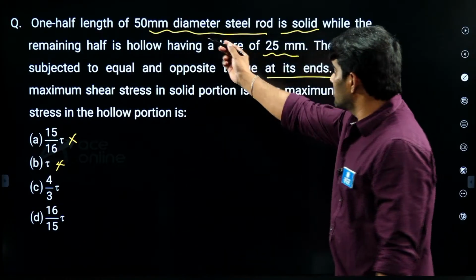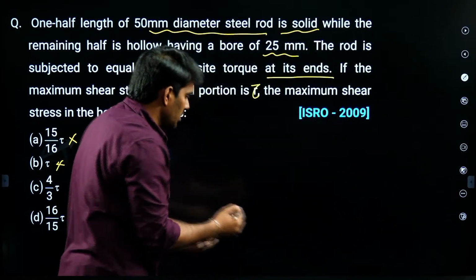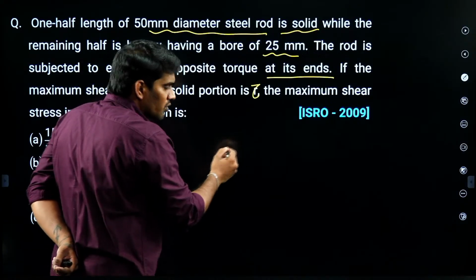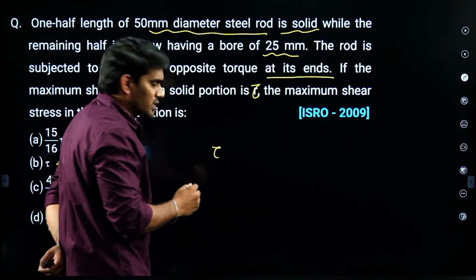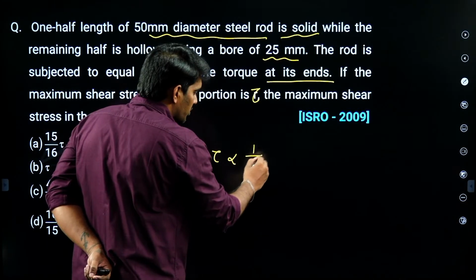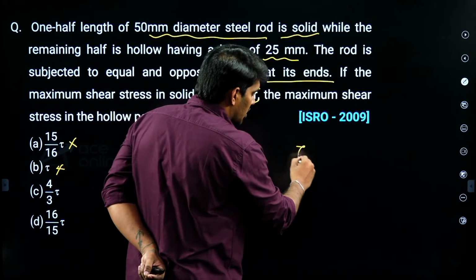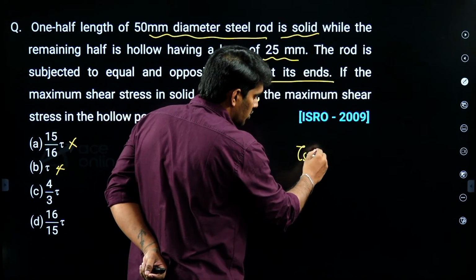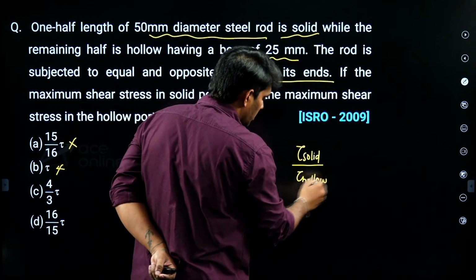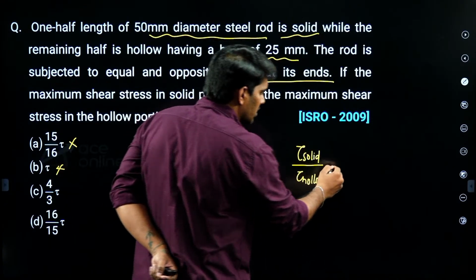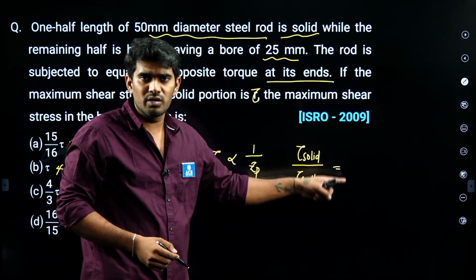If you observe the data carefully, we know that tau is inversely proportional to section modulus. Now, if I consider the hollow to solid ratio, it comes out to be the polar section modulus of hollow divided by solid.